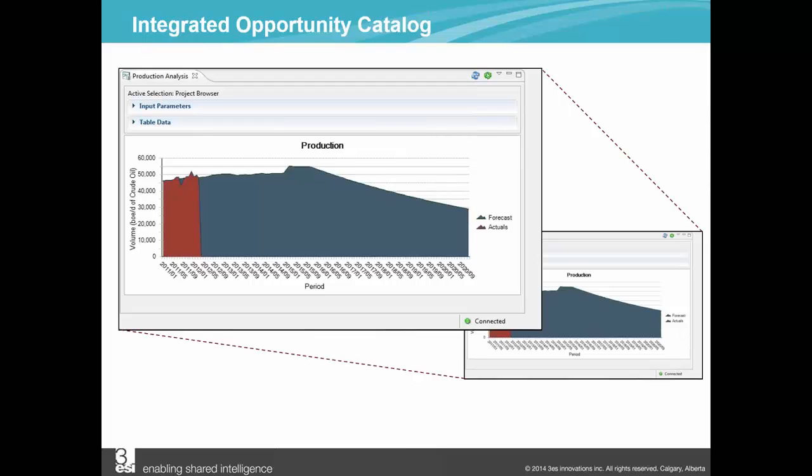And finally, the same sort of analysis can be done on capital.